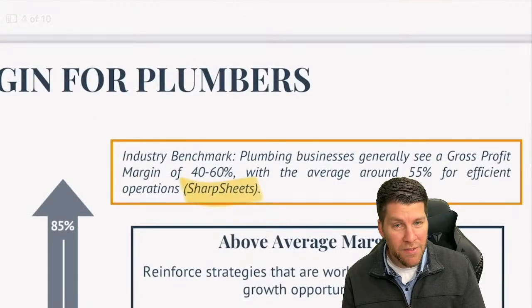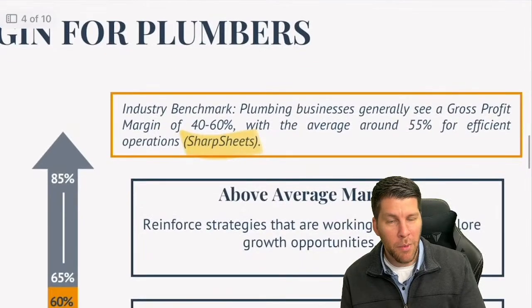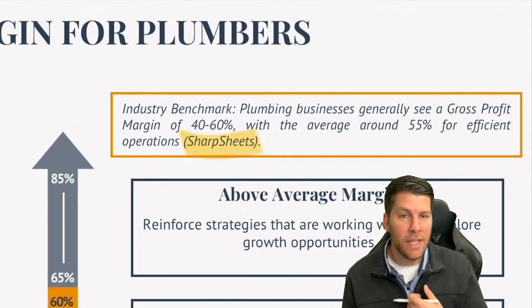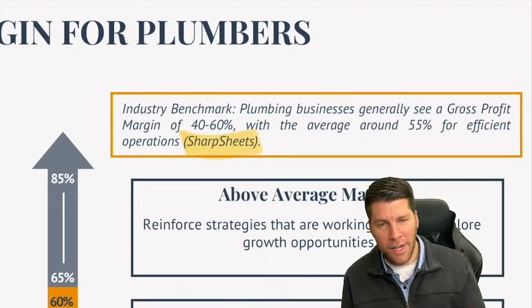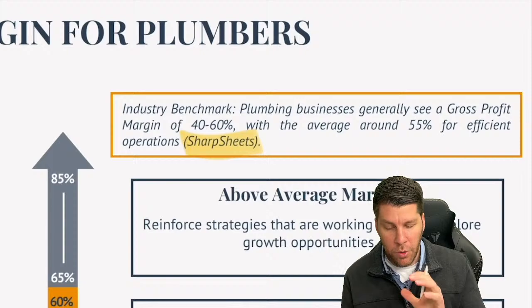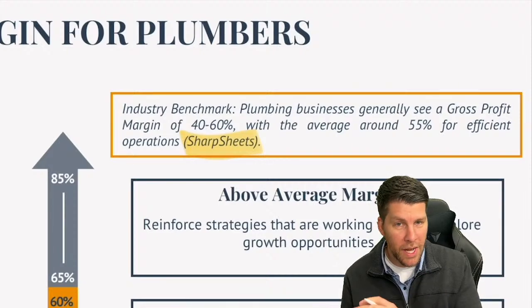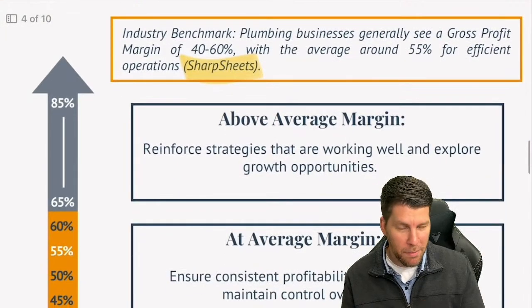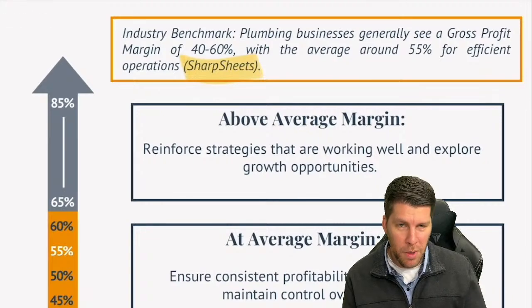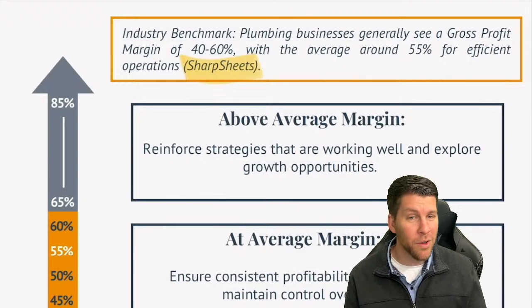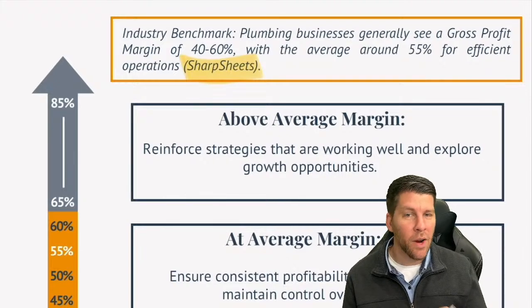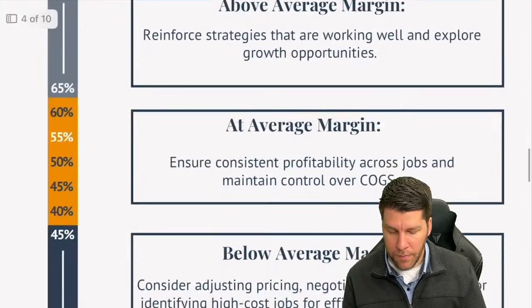If it's just you, your gross profit margin is going to be way higher, because technically, as the owner, your wages go in the expenses category. They don't go in the cost of goods category. So just keep that in mind. You might say, hey, I have a 90% gross profit margin, or 85%, or 70%, but you're the only employee. That's not really what this is talking about here.